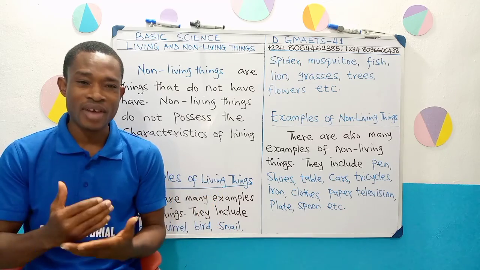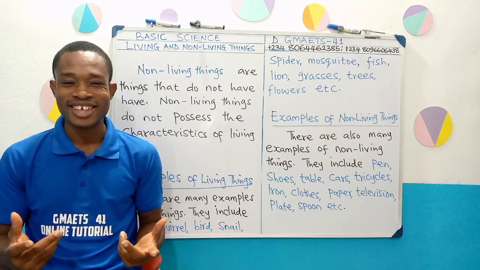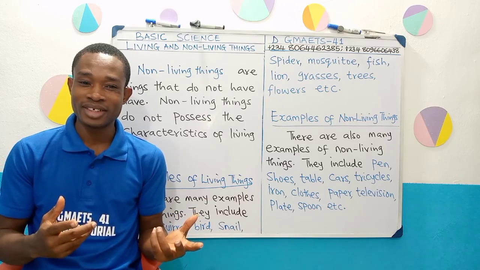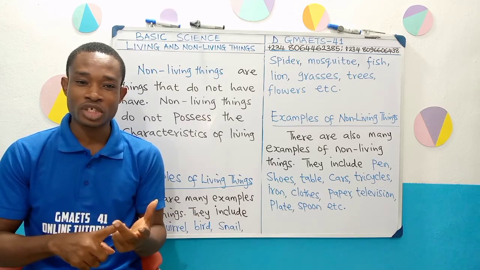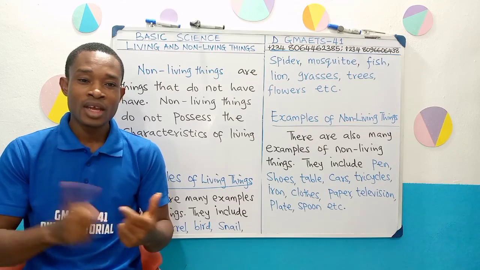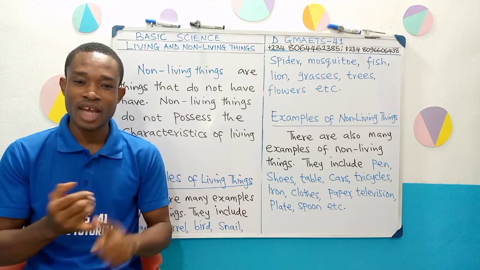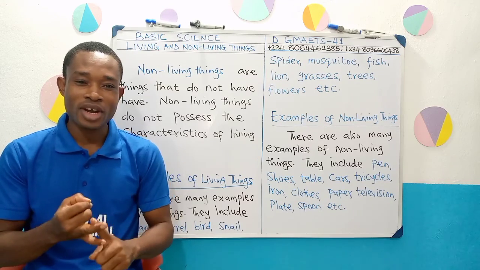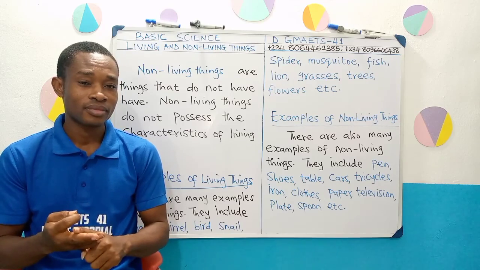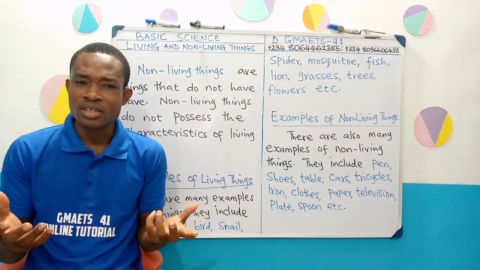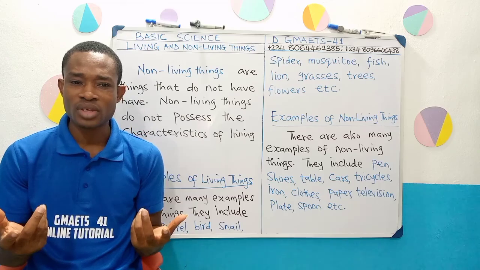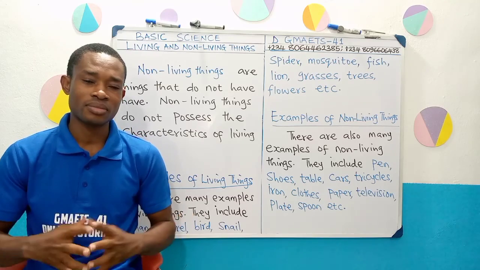Remember, we talked about the characteristics of living things. Do you remember? Movement, respiration, nutrition, irritability, growth, excretion, reproduction, death. Non-living things do not possess these characteristics. They don't show them.